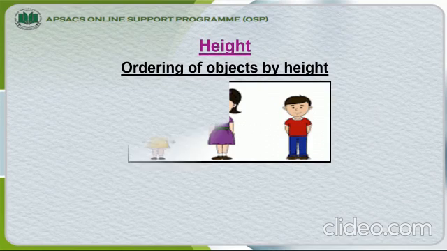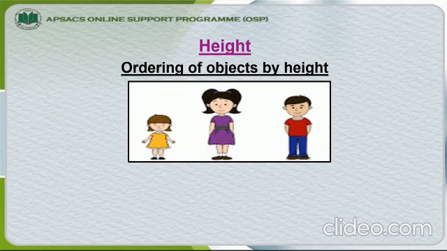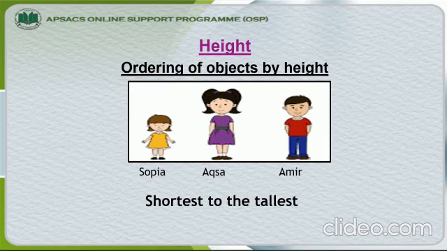Now you can see that there are three children, Sufia, Aksa and Ahmed, and we will arrange the height of these children from shortest to the tallest. Now tell me, who is shortest? Yes, Sufia is the shortest here. So Sufia will come first.